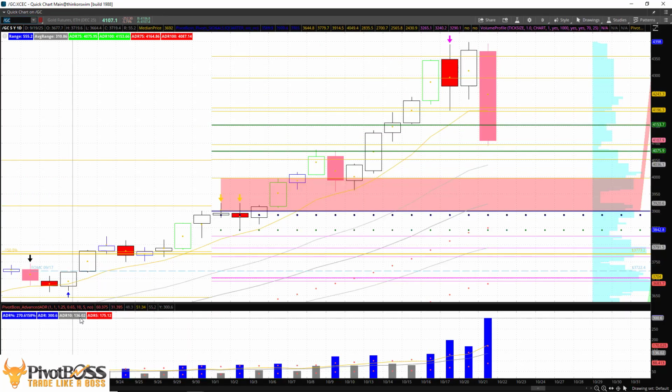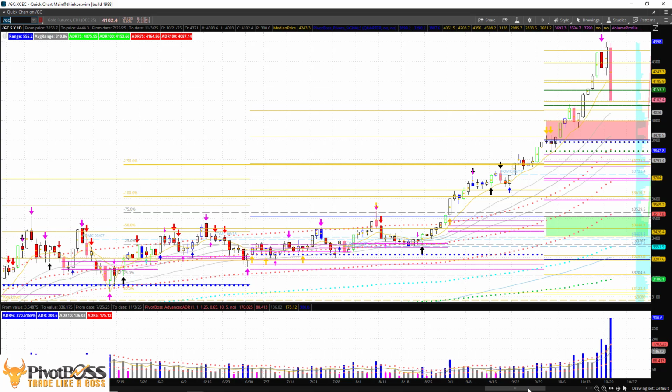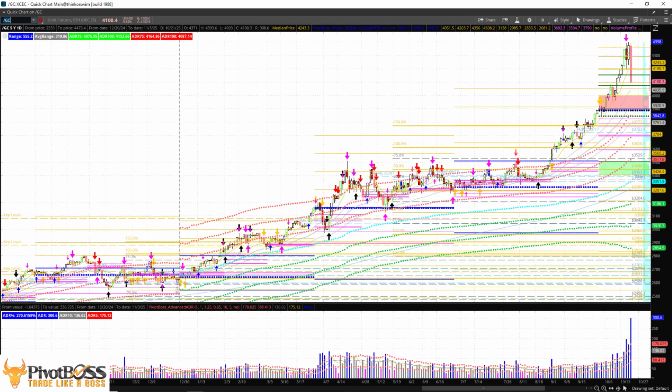The current 10-period average is 136 points. This market doesn't even hit 136 points usually. That's 136 right here. Look at that. It's averaging that right now, and it barely can touch it on its biggest days.